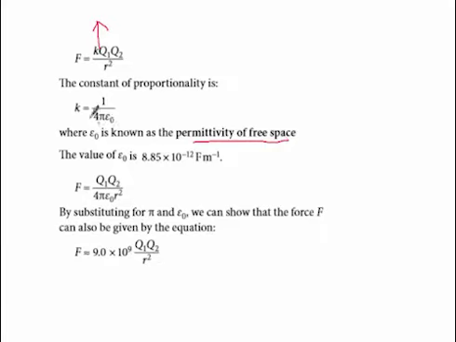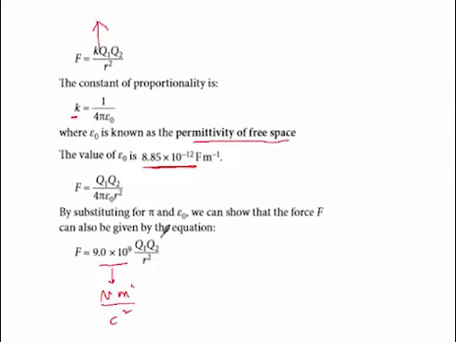Here, if we substitute with the value of epsilon naught, we will get the value for K, which is 9 times 10 to the 9, of course, Newton meter square per Coulomb square.